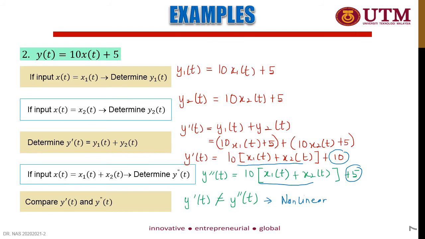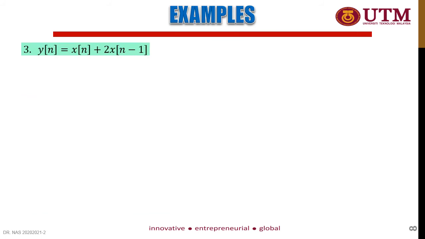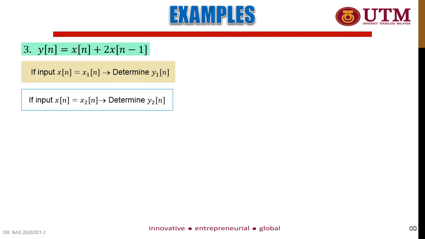Okay, let's look at another example. This is for a discrete time signal and system. The first step, as usual, determine y1[n].